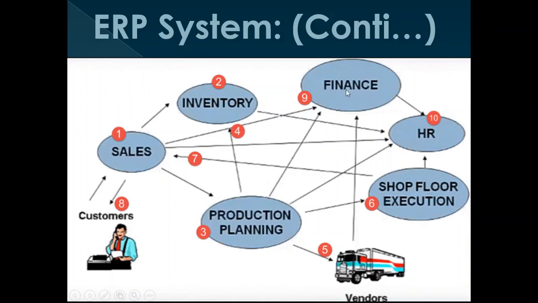Next step, production planning has placed an order with vendors for the next 60 cars, and finance makes the payment to the vendor. And production has planned that the first 40 cars we can provide in 2 months, the next 30 cars in the next 3 months, and the next 30 cars in the next 3 months.